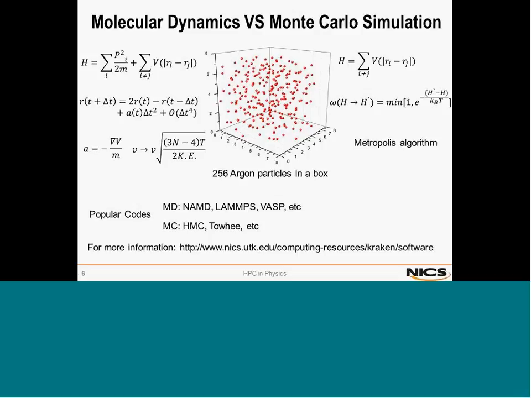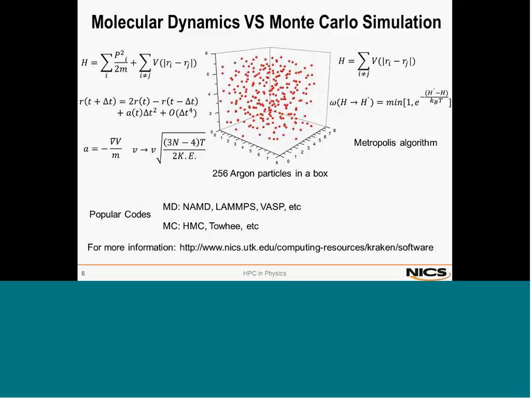There's not as much Monte Carlo code as MD, because the advantage of Monte Carlo is that it's conceptually simple and easy to program. But the difficulty is there's no time, which means there's no dynamics. If you want dynamics, you want MD. But the advantage of Monte Carlo is that if you use the right algorithm, you can equilibrate your system much faster, which means you can simulate larger systems.